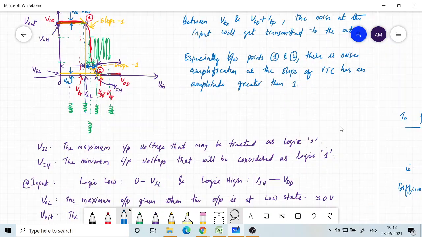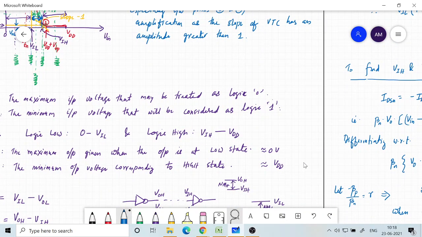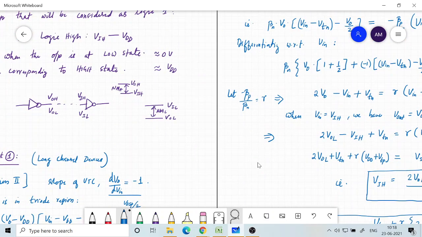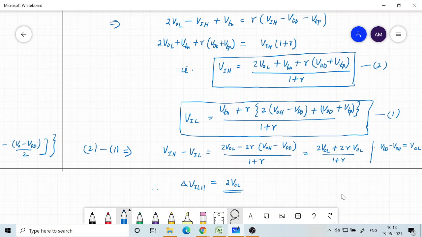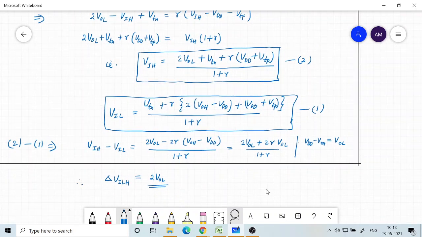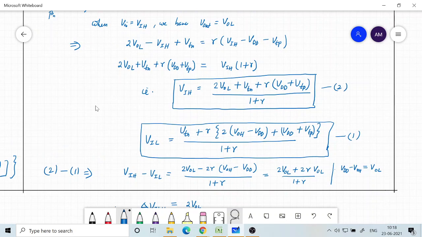So this you can verify when you do the experiment. You can calculate the noise figure from the graph that you get, and then you can evaluate your VIH, VOH, all the 4 voltages, similarly VIL and VOL.